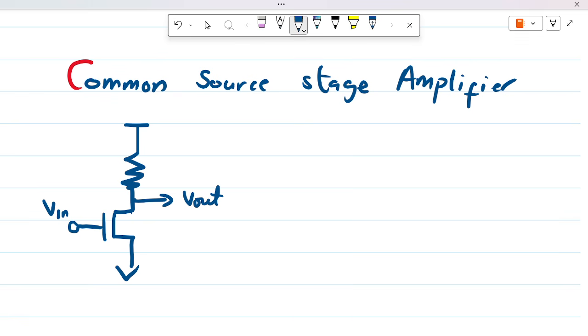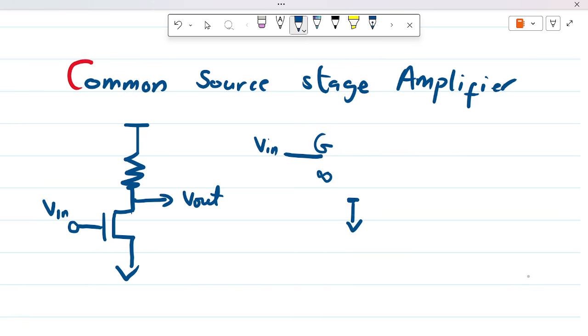Alright, let's use a small signal model to get the gain of the device. So this is the gate and this is the input voltage, and between the gate we have a large impedance, almost infinity. Then we have the source.